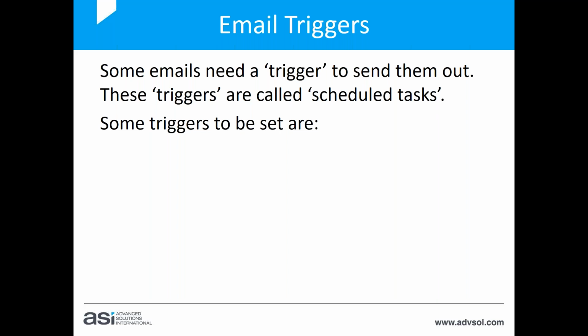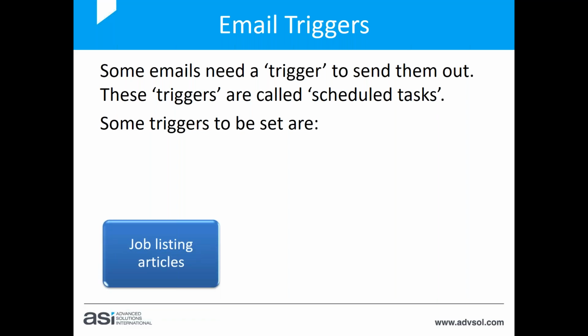So some emails need what we call a trigger to send them out, and these triggers are called scheduled tasks. Some triggers that we have to set are things like around job listing articles. So when an article is added to a job listing, we need to set the trigger so it sends out the emails around that.